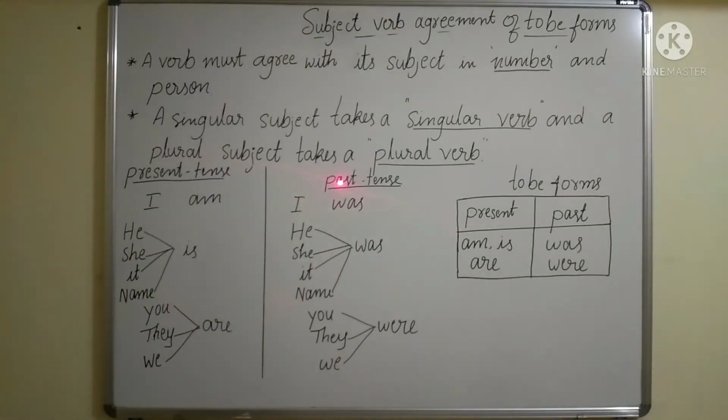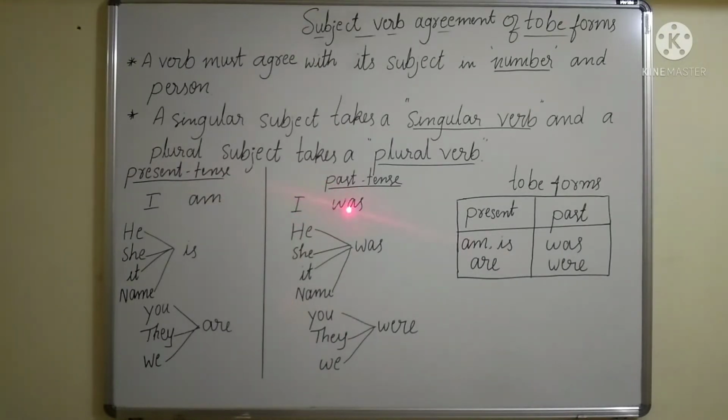Next, coming to past tense. How to use past to be forms with different subjects. Okay. See here, when we talk about the past tense, when we talk about past events, we have to use the was to be form. I was.